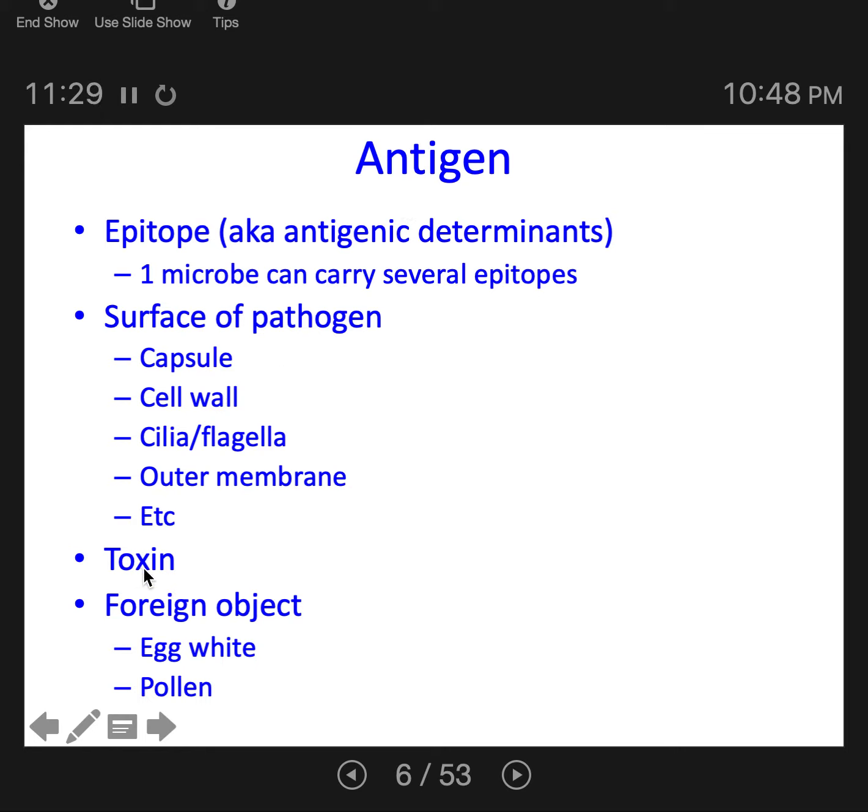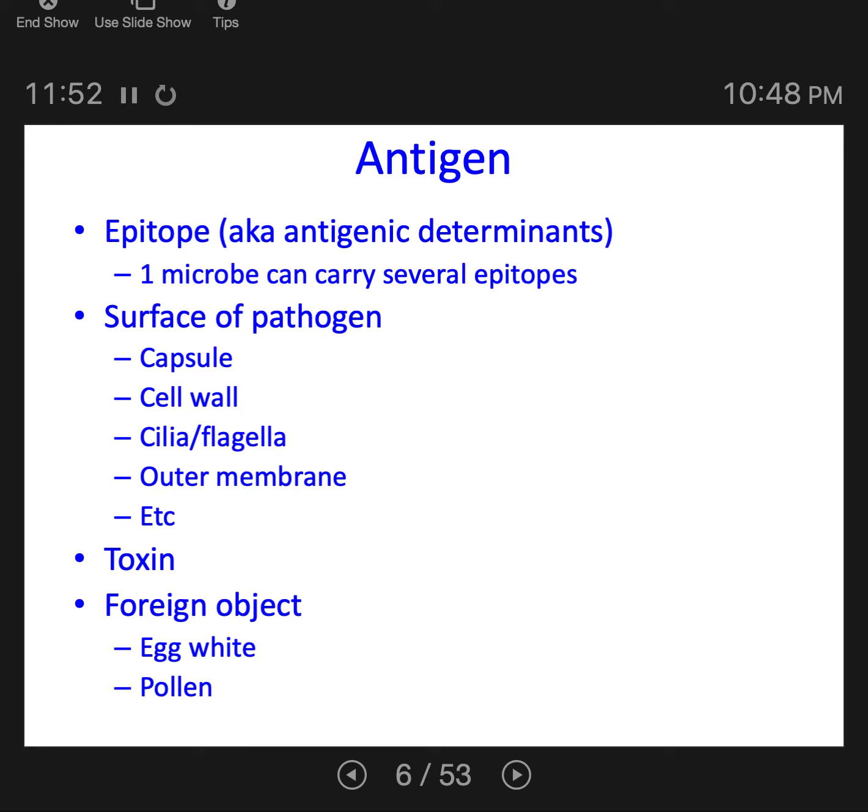Antigens can also be toxins that the bacteria excretes. So in the case of Clostridium tetani, which causes tetanus, when you get a vaccine for tetanus, you're generating antibodies not against the bacteria, but against the toxin that bacteria produces. Remember, the Clostridium species produce these really, really potent toxins, often neurotoxins.